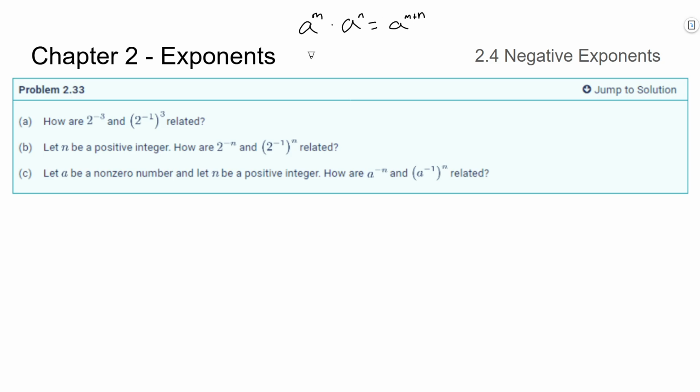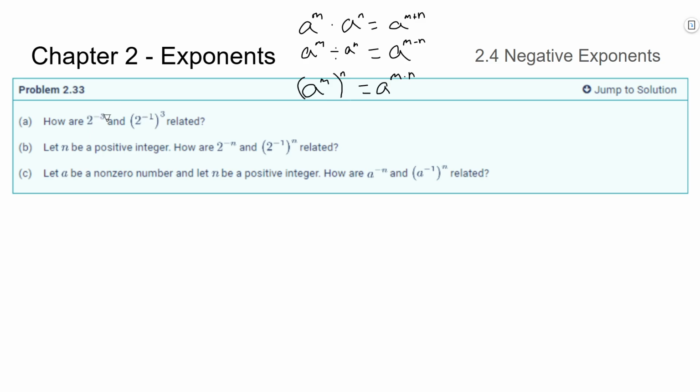That's for multiplication. If we have division, a to the m divided by a to the n, then we can subtract them. That would be a to the m minus n. And then if we have a power to a power, so if we have a to the m to the n, then we can multiply those. So that would be a to the m times n.